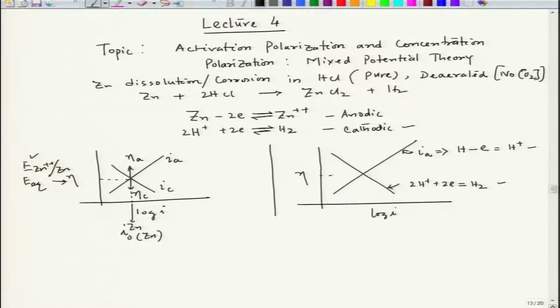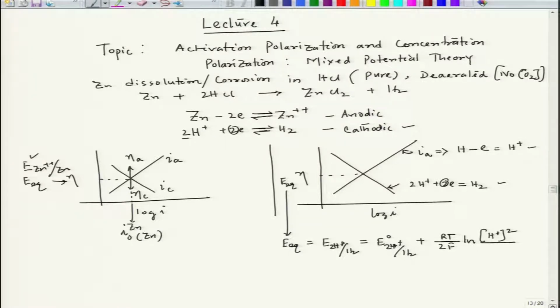So, here also I will have E equilibrium, which is E_H+/H2 equal to E0_H+/H2, and this is reduction potential, plus RT/2F, because here we are considering 2 electrons, ln of the activity of H plus squared, because there are 2 H plus ions, over the partial pressure of hydrogen.